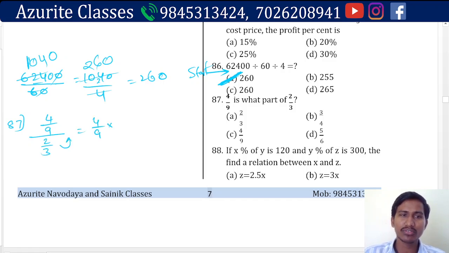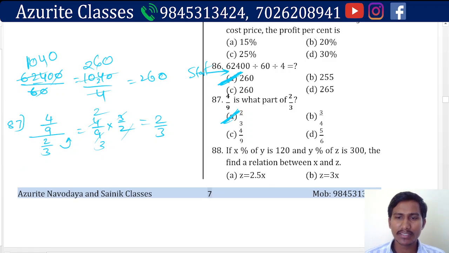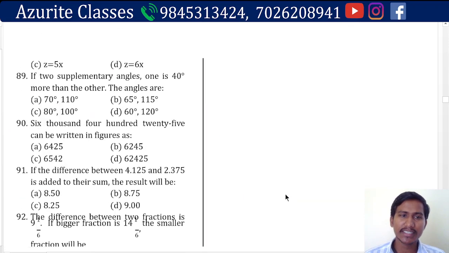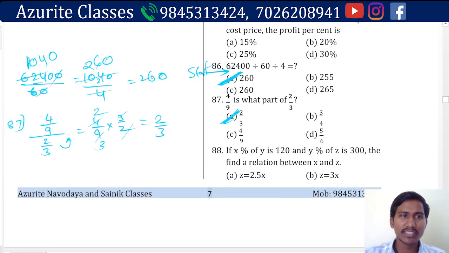So 4 by 9 into 3 by 2. So it will be how much? Here 2 2s are 4, and here 3 3s are 9. So 2 by 3 is the answer. 2 by 3 is option A for 87. Okay, good. Next here, that is 88 question. What is 88 question?